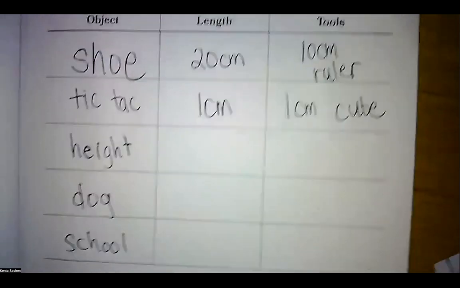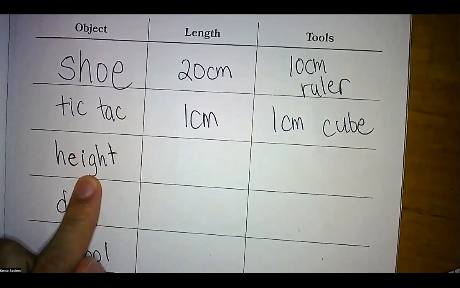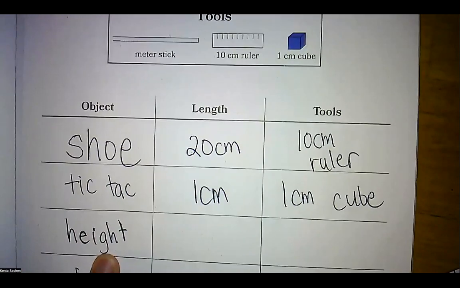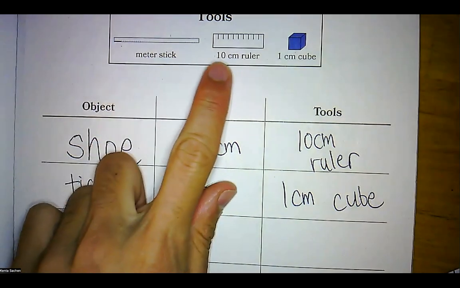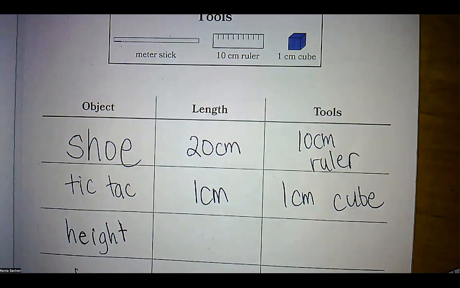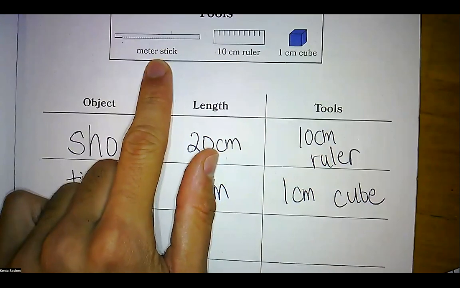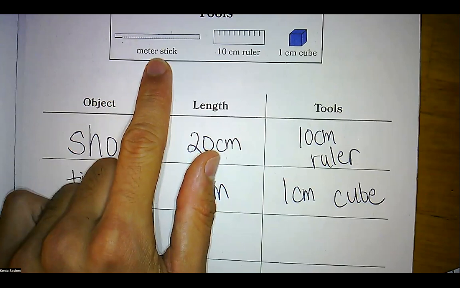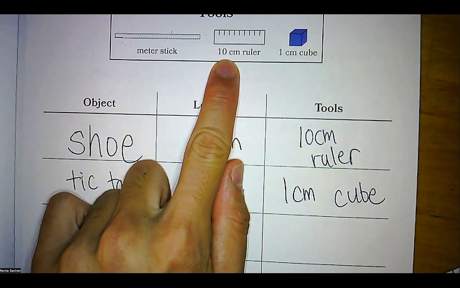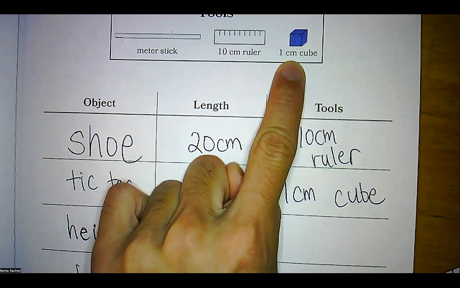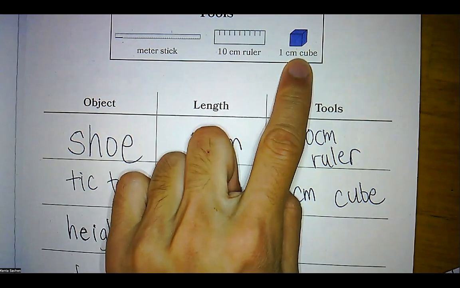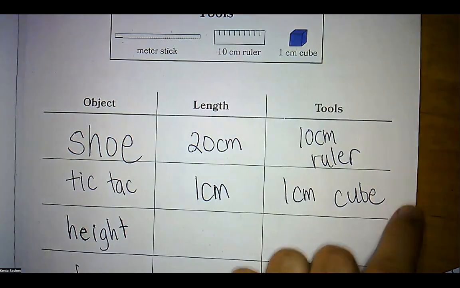So the centimeter cube would be perfect. Okay. Next, how about your height? What would be the best tool for how tall you are? Meter stick, 10 centimeter ruler, or 1 centimeter cube? Okay, give me a thumbs up if you're ready for an answer. Perfect. Raise your hand if you think a meter stick's perfect. Raise your hand if you think 10 centimeter ruler. And raise your hand if you think 1 centimeter cube. Really? No one for the cube? Yeah, that would be a little silly, right?